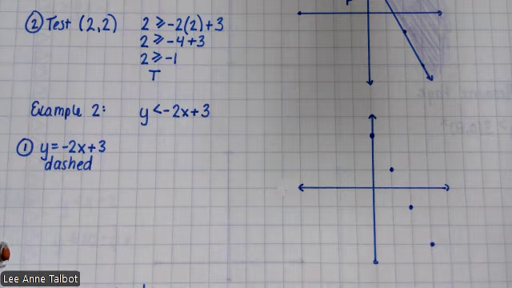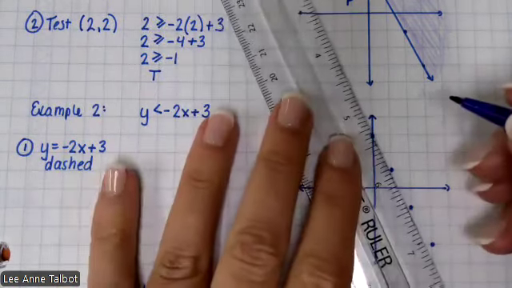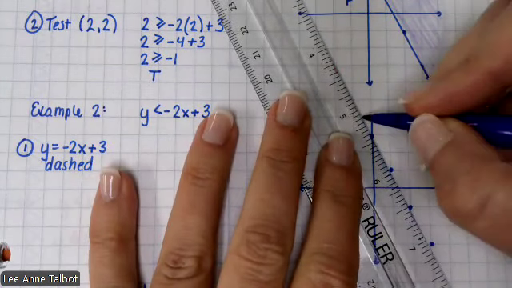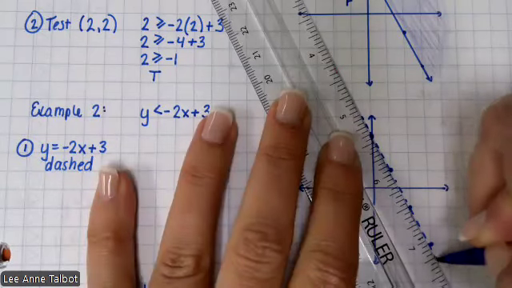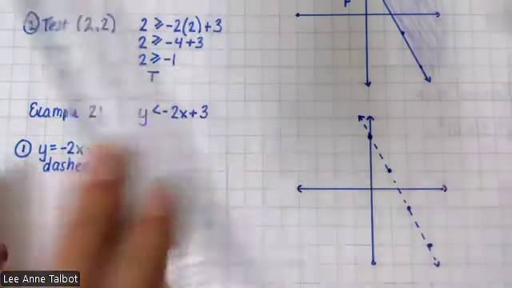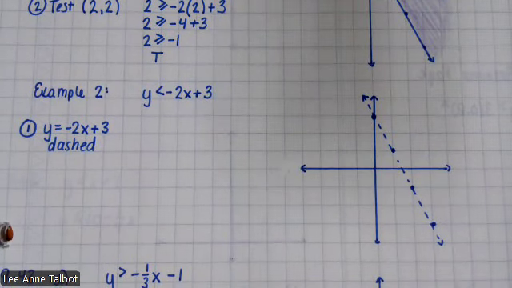I feel like if you're going to make a mistake, it's going to be right there, just forgetting to dash it. It depends on how many points the problem's worth. So if it's worth 3 points, then it'd probably be 1.